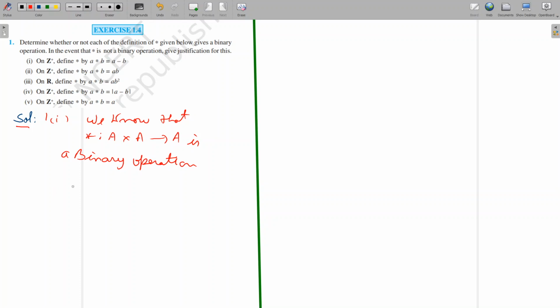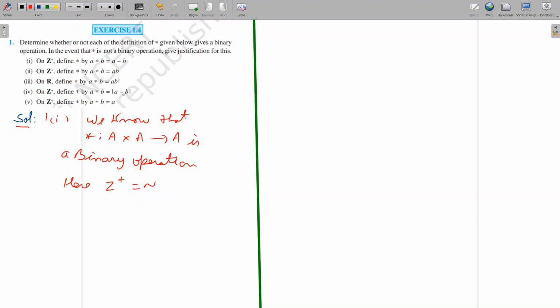We know that Z plus is the set of all positive integers, so here Z plus is equal to N. Now let us take any two elements from the set of natural numbers and find A star B, that is A minus B. It should be a member of Z plus.